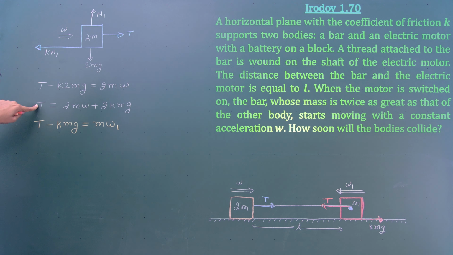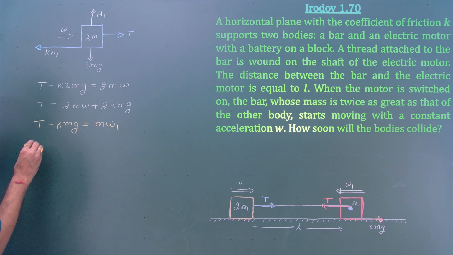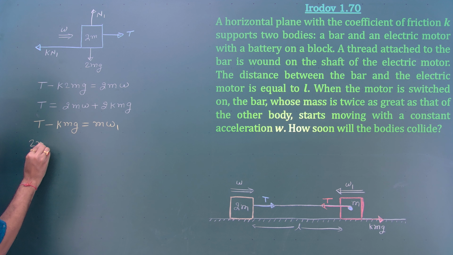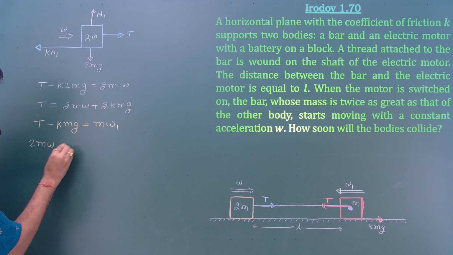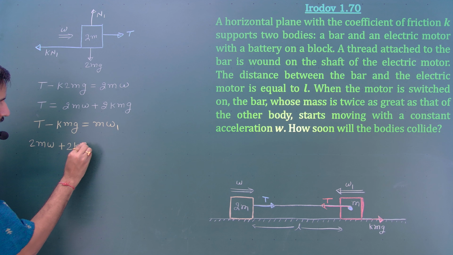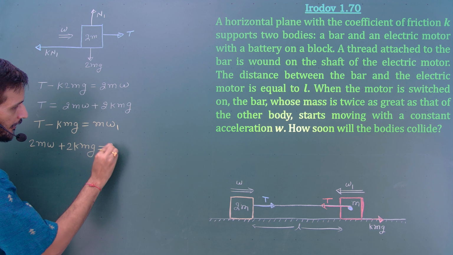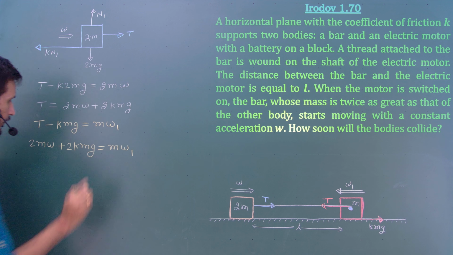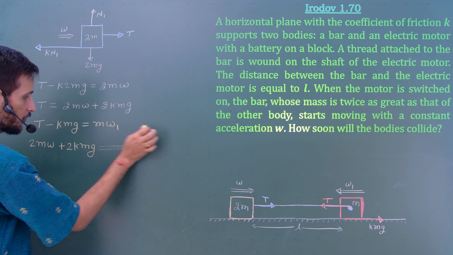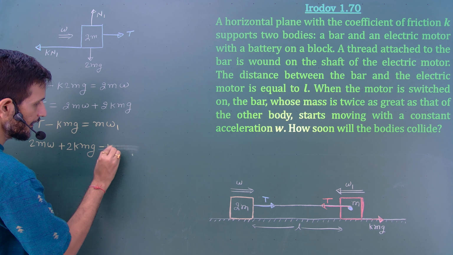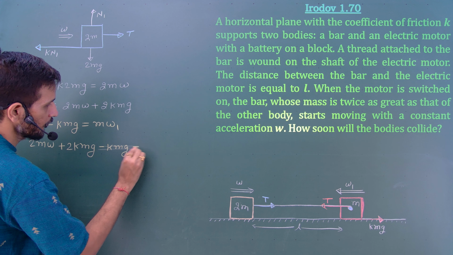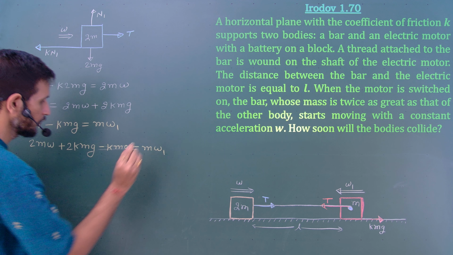Okay, now let us put this value of T into this equation. So 2mW plus 2kmg minus kmg should be equal to m into W1.